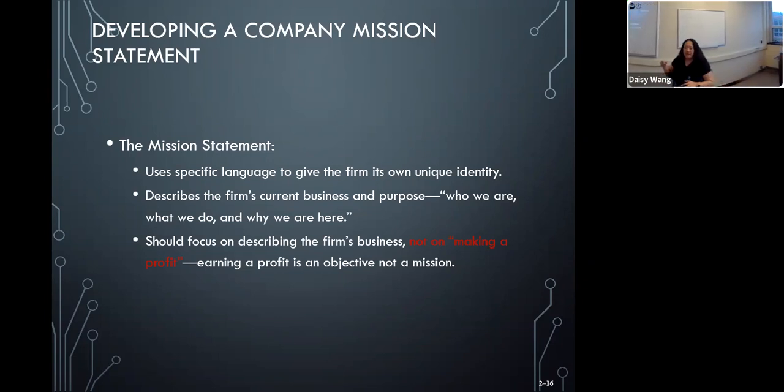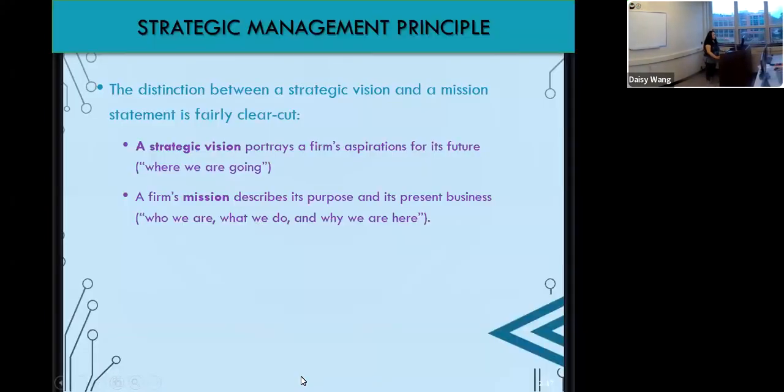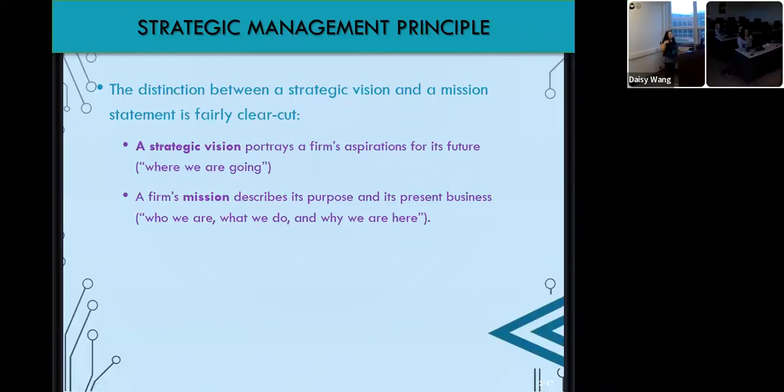Okay, so in the mission statement, we talk about the product and who we want to serve, who our target customers are, those kinds of things. So it's more about the present state, instead of the direction, okay? The vision tells us our future direction. The mission is the current business, okay?